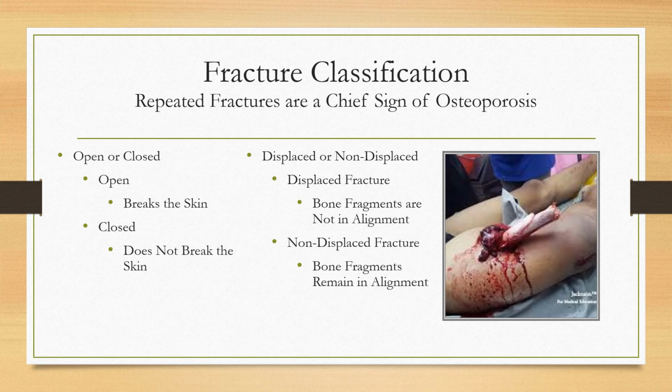Or it might need an open reduction where an orthopedic surgeon will go in and openly reduce the fragments, put them back together, and that often then includes wiring or pins and screws to keep it aligned. Okay. So displaced, bones aren't close together. Non-displaced means, yep, there's a fracture, but the bones are in good alignment.